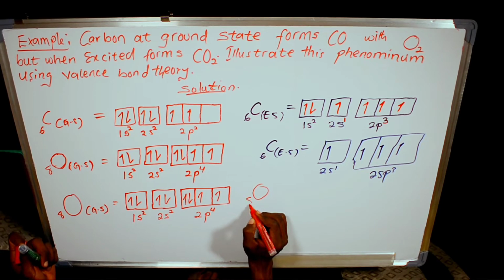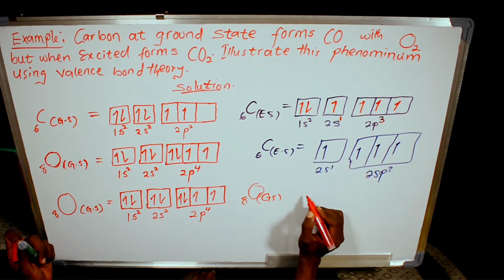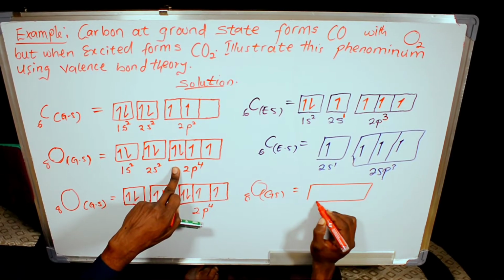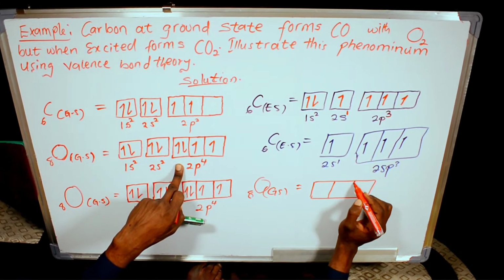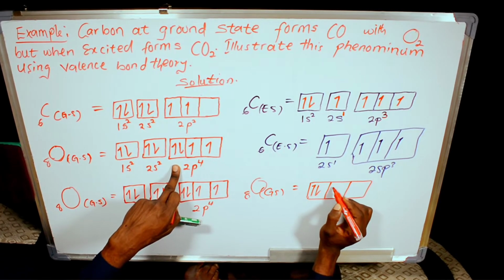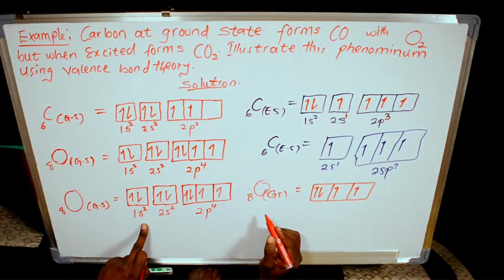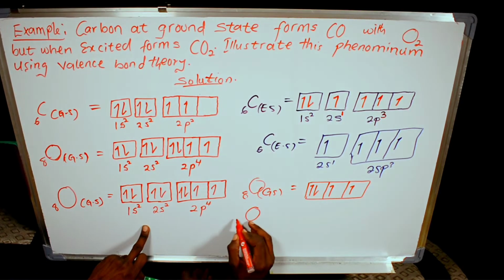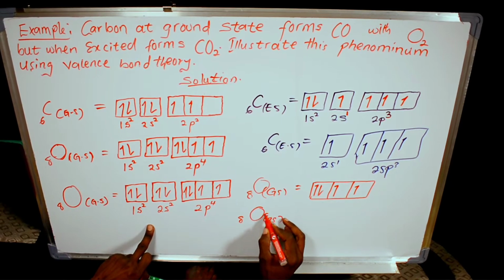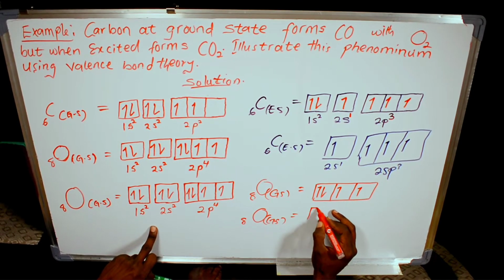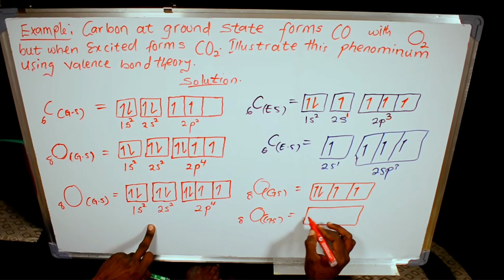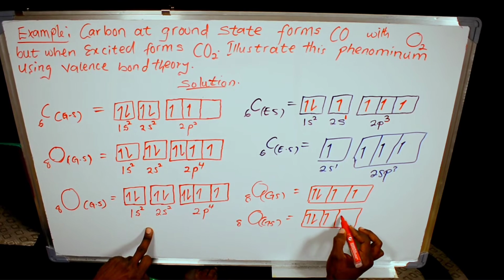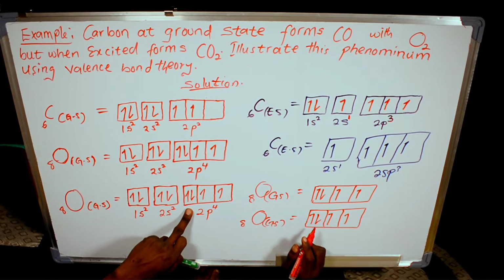So let's bring them down. Here, oxygen at ground state. We have 2 electrons here, 1 and 1. Since the oxygens in the compound are 2, we bring the other oxygen. Here it is, containing 4 electrons in the boxes. Here 2 electrons and here 1 and 1 as the 2p4.